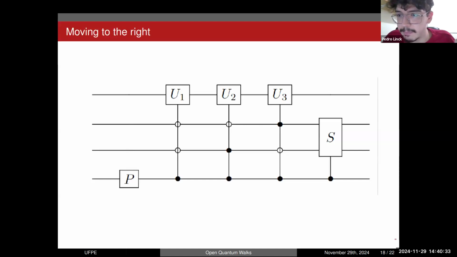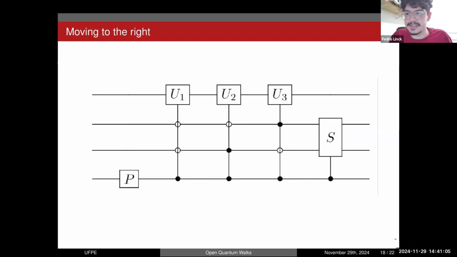Here we are going to do an explicit example. The first line here is the Hilbert space of the walker. The middle two are the graph. The graph has nodes 0, 1, 2, 3, and you just transform these to binary, so you have the nodes 00, 01, 10, 11.